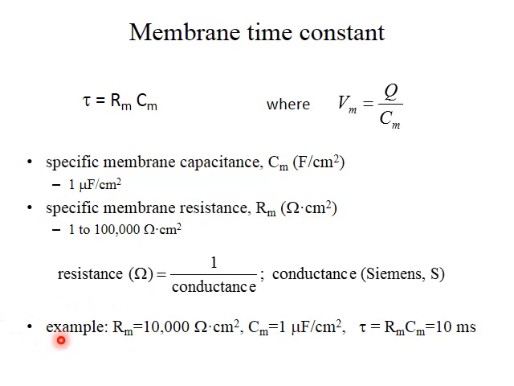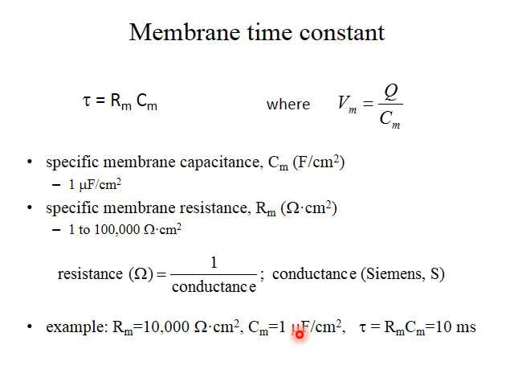And just to give you one example of membrane resistance and capacitance, this represents a typical dendrite where the membrane resistance will be about 10,000 ohms centimeters squared. The membrane capacitance, of course, is 1 microfarad per centimeter squared because it's a constant.